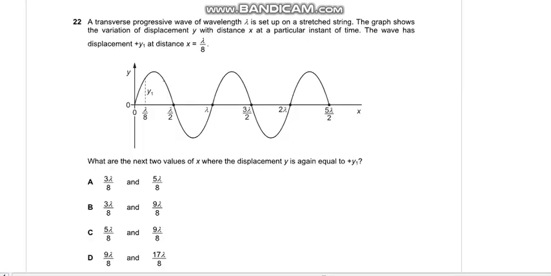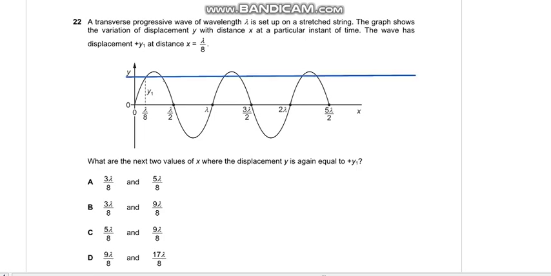Question number 22 says that a transverse progressive wave of wavelength lambda is set up on a stretched string. The graph shows the variation of the displacement y with distance x at a particular instant of time. The wave has displacement positive y1 at distance x equal to lambda by 8. What are the next two values of x where the displacement y is again equal to positive y1? Let's draw a line on the graph.